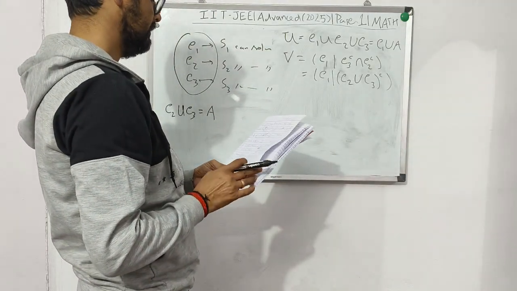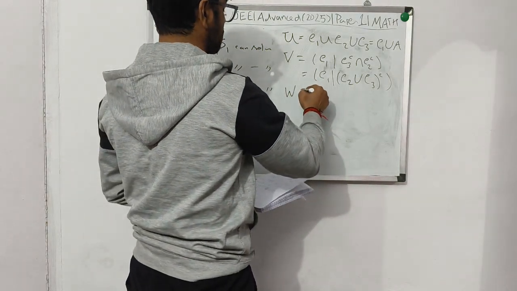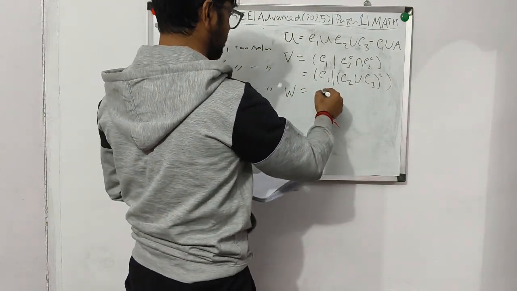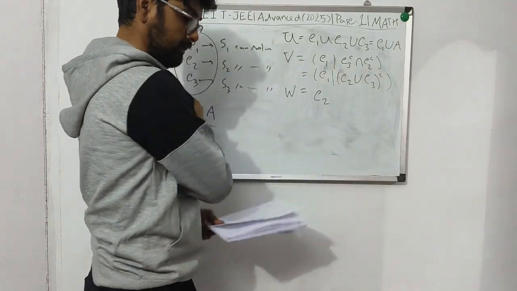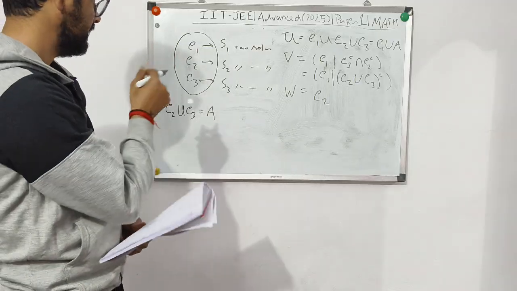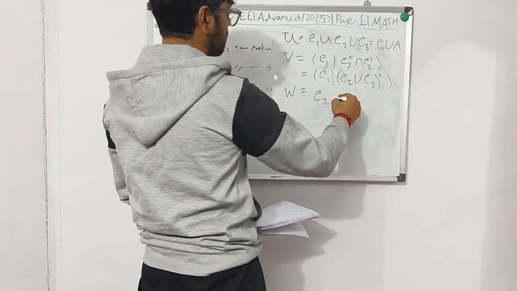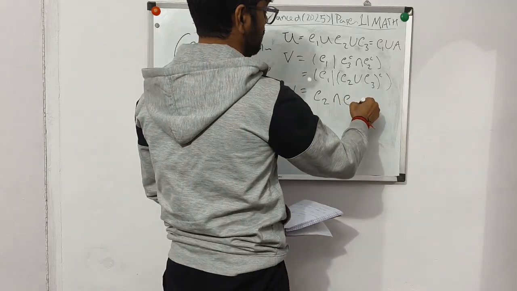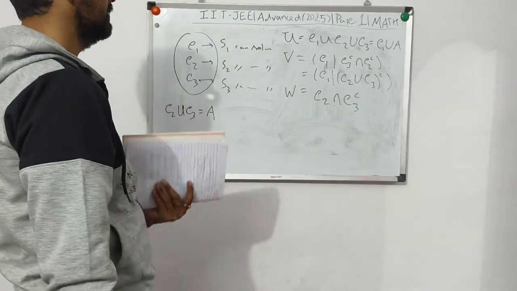Okay, and event W is simply S2 can solve and S3 cannot solve. That is E2 but not E3, which is simply E2 intersect E3 complement.